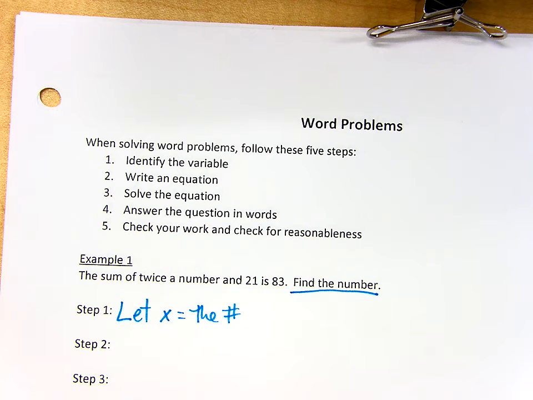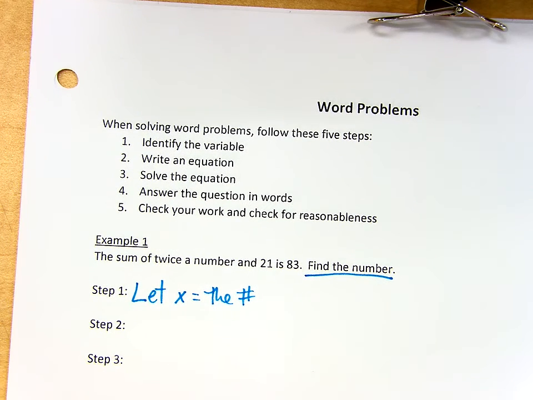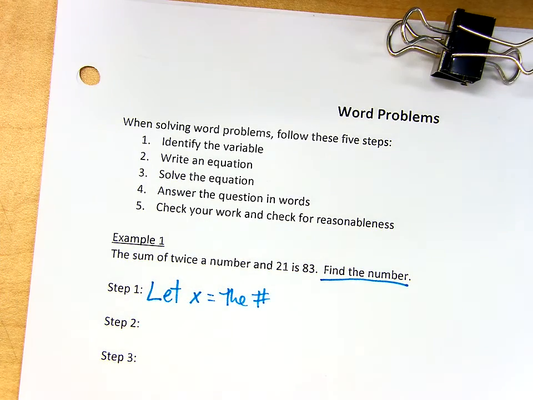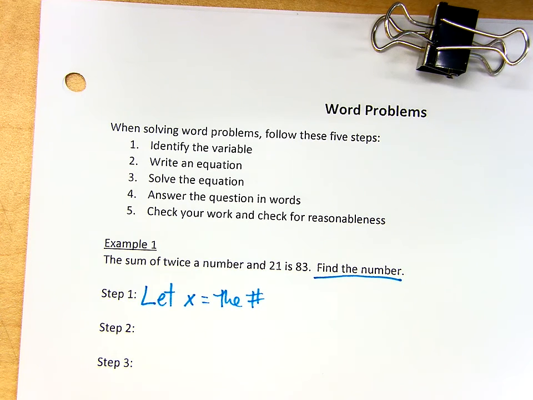See if you can change those words into math. The sum of twice a number and 21 is 83. You're doing step 2. You're trying to write an equation that models this sentence. So that sentence is in English. I need you to write that sentence in math.